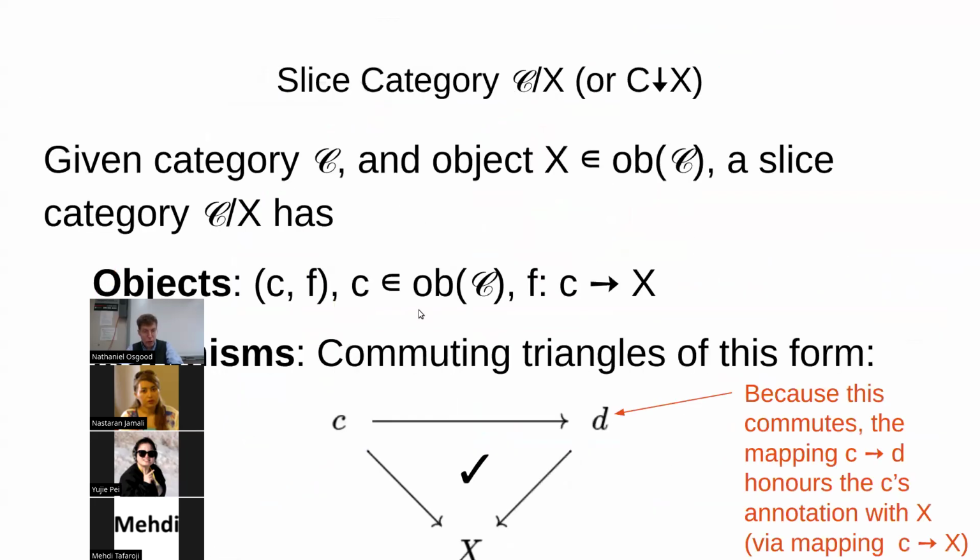That each object in our slice category is an object in the original category, and a mapping from that into our designated object. And I said this served to annotate this. Each of the pieces of this is annotated with this information. And that's exactly what we're going to do. Here, this will be a graph.